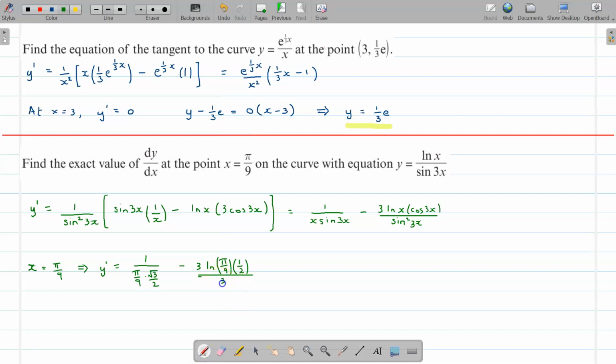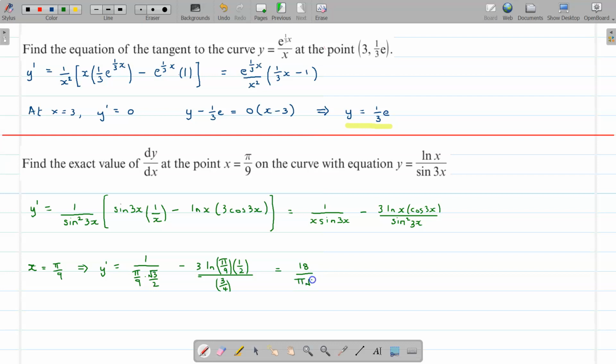So it looks a bit cumbersome at the moment, but I'm going to tidy this up in a moment. So we just have to simplify this as best we can. Well, what I'm going to do is recognise, of course, if you divide by 3/4, you're timesing by 4/3. And similarly, this can become 18 over pi root 3. So that's 18 on the top and pi root 3 underneath.